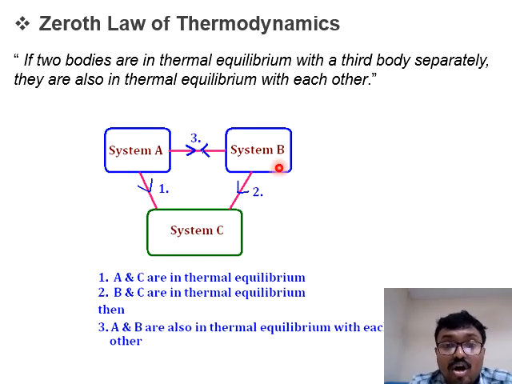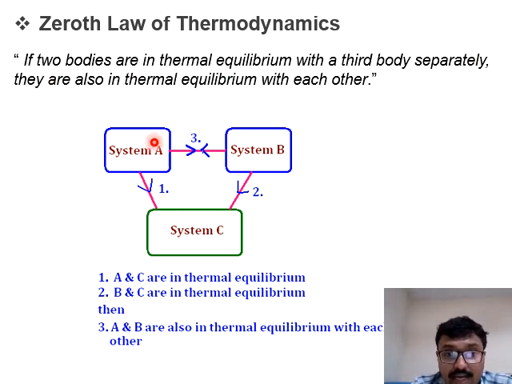Next is the zeroth law of thermodynamics. We have a conservation of energy law, and the zeroth law of thermodynamics is similar to that. It says if two bodies are in thermal equilibrium with a third body separately, they are also in thermal equilibrium with each other.